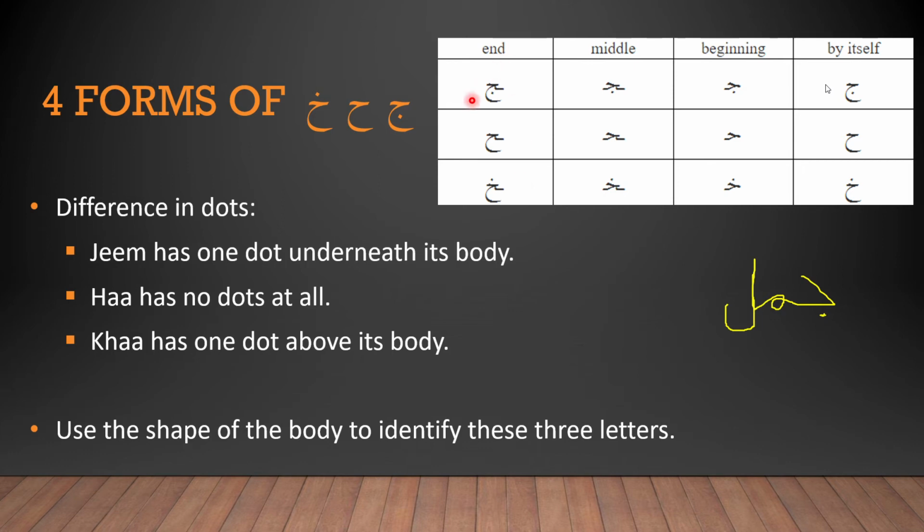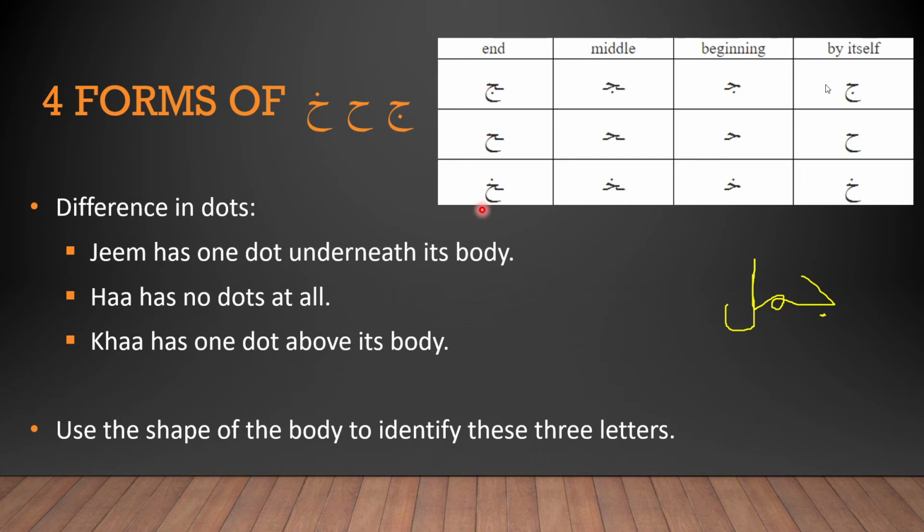So the by itself version, or the original version, of many alphabets is similar to the ending form. As we can see here, Jeem looks the same as this, except with a little bit of extension, of course. And KHaa also looks the same as this KHaa, and KHaa again the same as this KHaa.